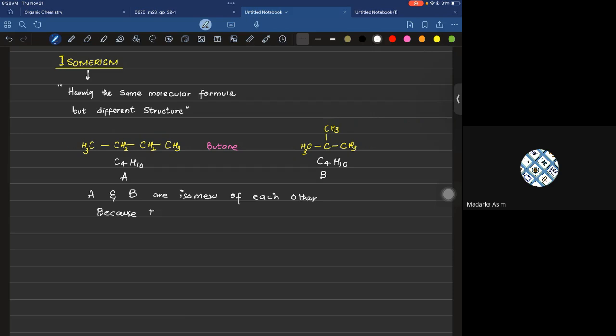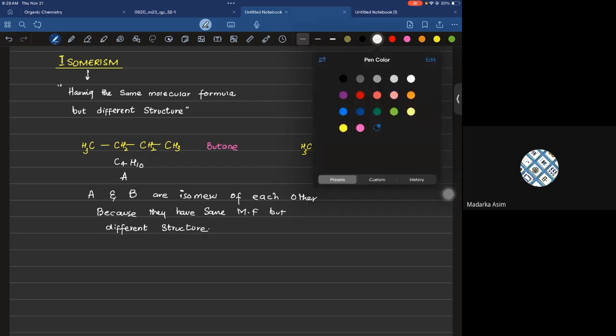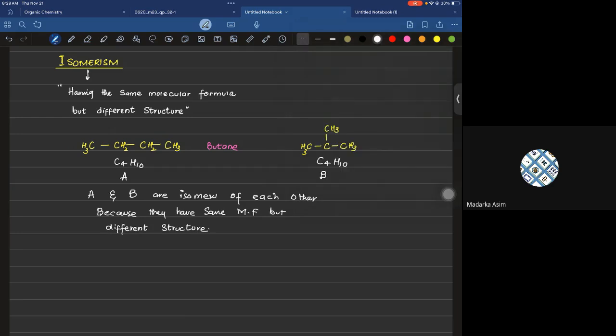Because they have the same molecular formula but different structure. This is the reason they are isomers of each other. And remember, the physical properties of isomers are different, but the chemical properties are the same. Remember, A and B have the same chemical properties.